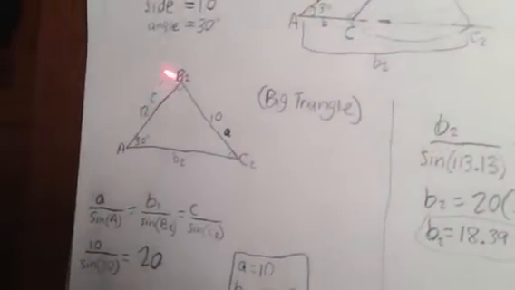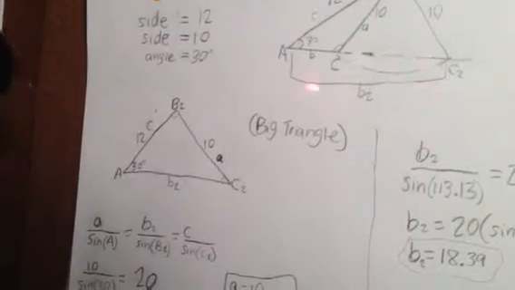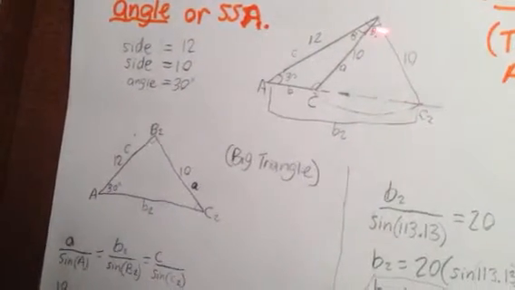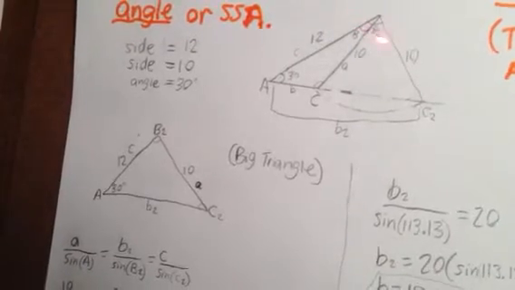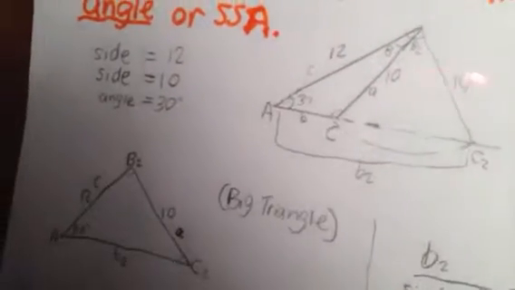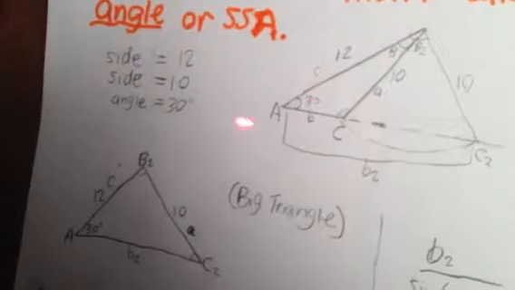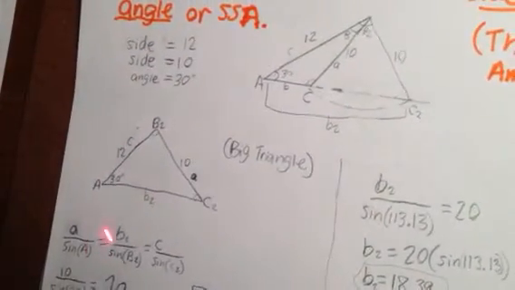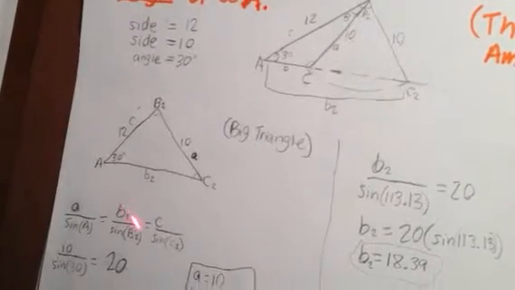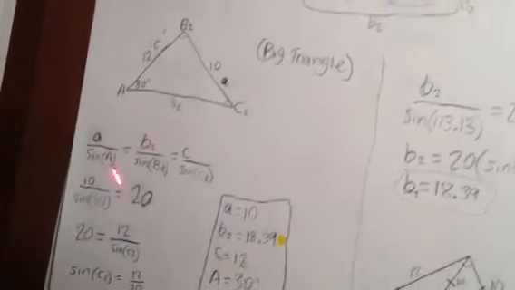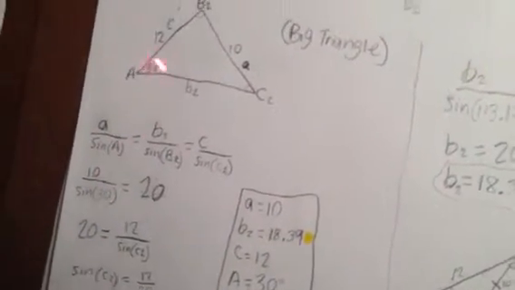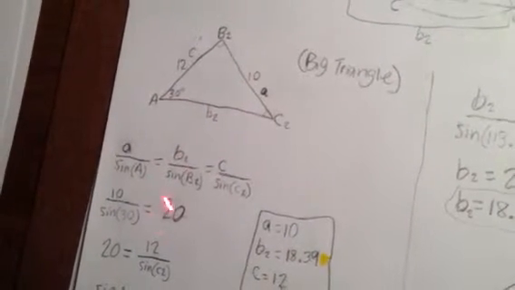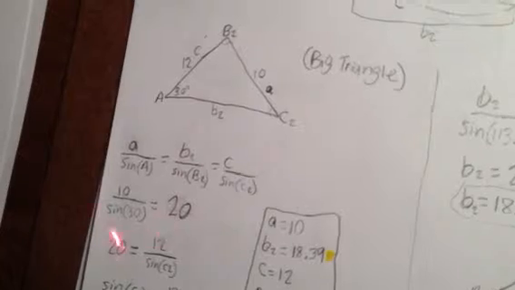So what I did is I made this angle right there C2, and B2 covers the whole thing, and my 10 is a constant over there, and my 12 is also. So for my big triangle, I'm going to use the law of sines with the two that I know, which are the A values, the sine of 30 and 10, and I find 20 is my constant value.